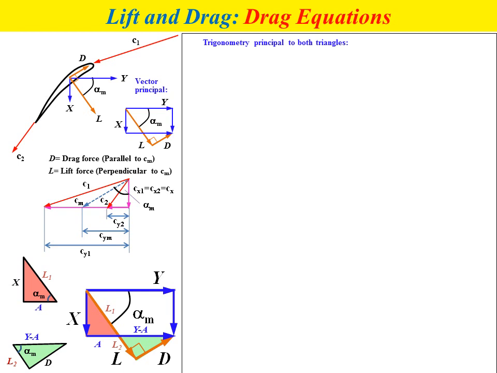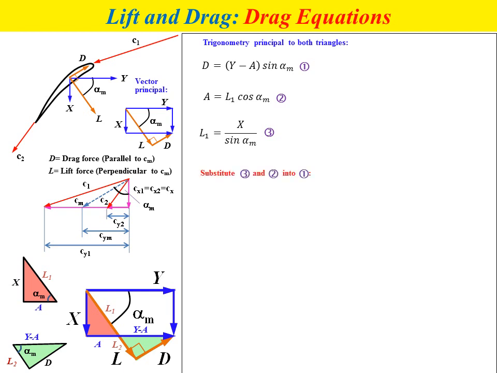So by implementing the trigonometry principle to both triangles, you'll get equation number 1 for drag force, where D equal to bracket Y minus A sine alpha M. Equation number 2, A equal to L1 cos alpha M. Equation number 3, L1 equal to X divided by sine alpha M.